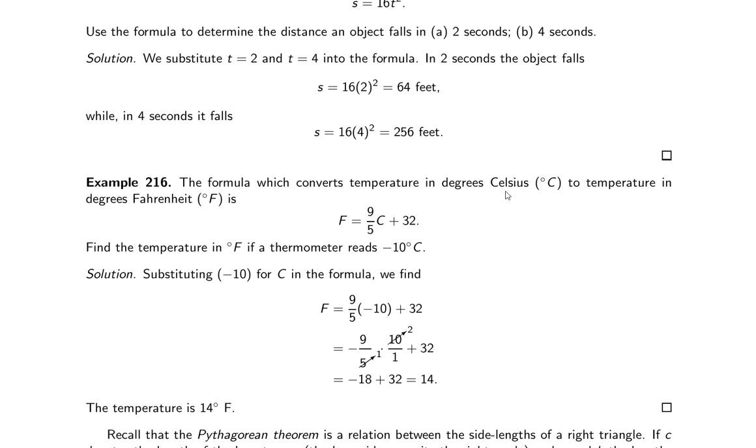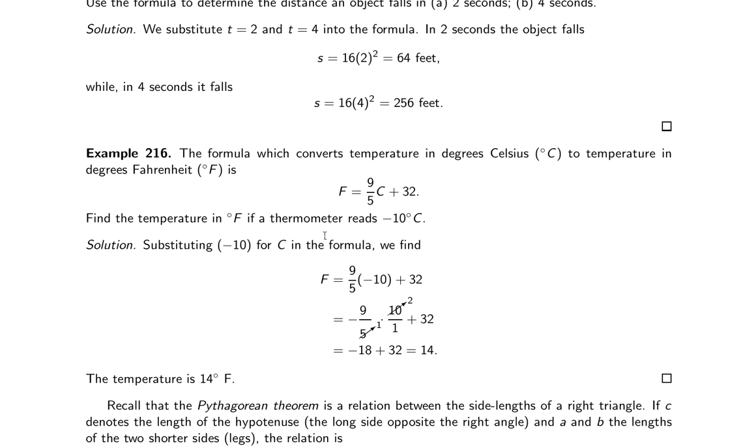So suppose you're in another country and you see the temperature in Celsius and you want to convert it into the Fahrenheit you're used to, then there's a formula to do that. In this example, if the thermometer reads negative 10 degrees Celsius, convert that into Fahrenheit. Maybe you have a thermometer in your freezer, or maybe it's a cold day.